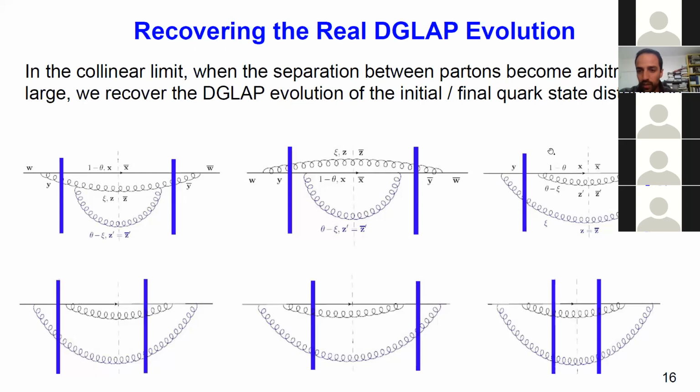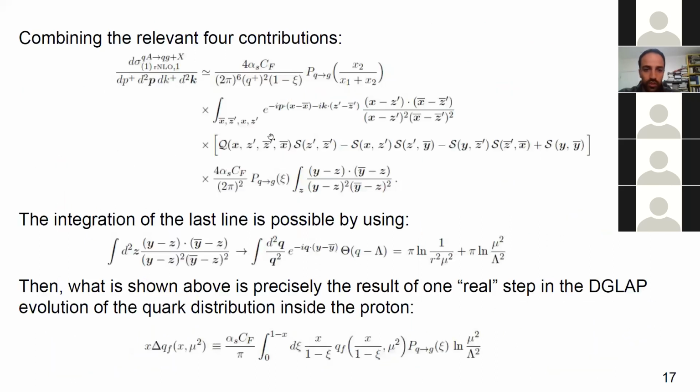in this limit for this diagram together with the three at the bottom of the slide. By combining them together, we found the following. After integration of the last line by using this integral, we can immediately identify that this is exactly DGLAP evolution.